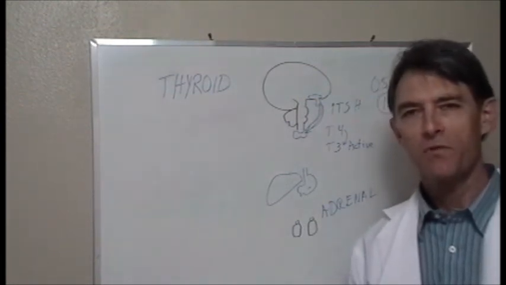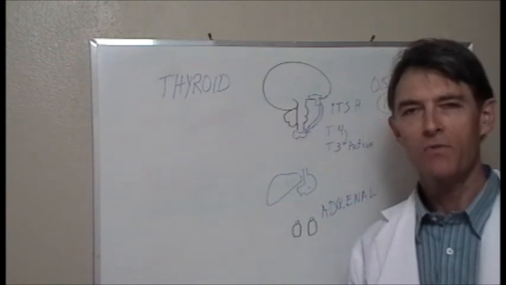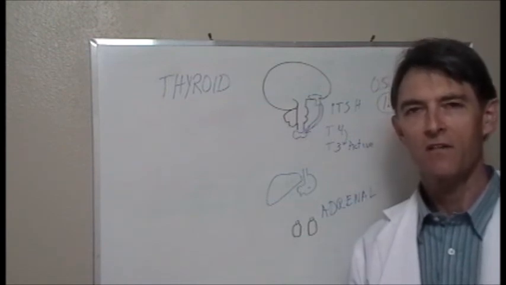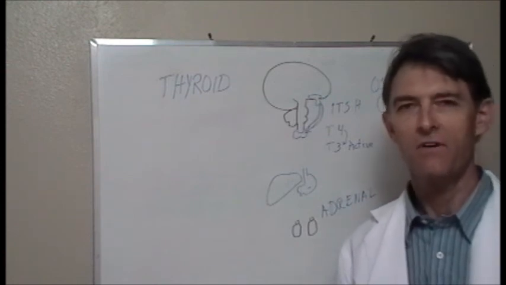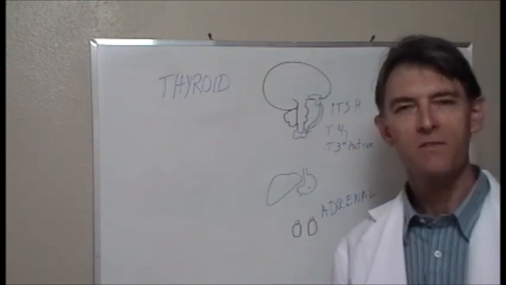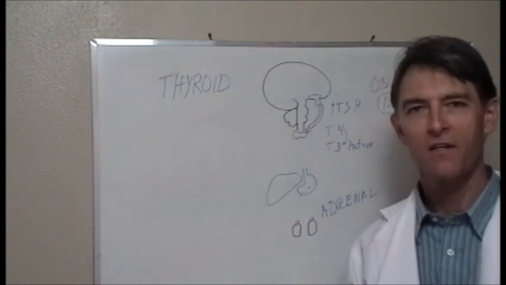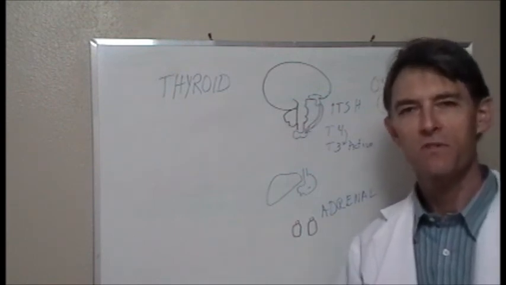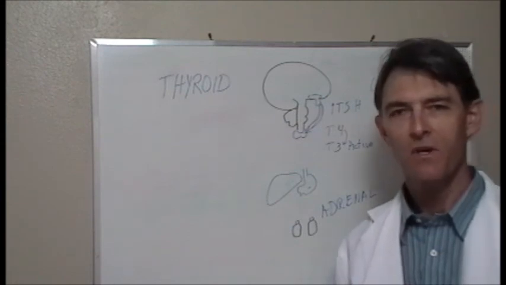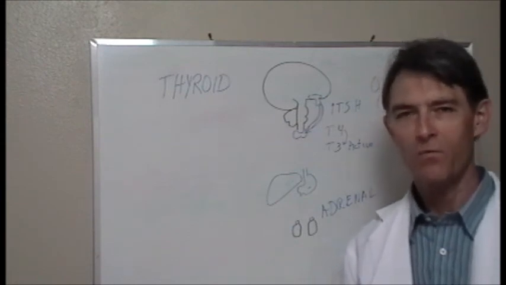Oftentimes when you lay down, you get a pulse, a heart rate of less than 68. Now that's not indicative of a thyroid problem, but it's part of the process that we look at. Slow respiratory rate, slow pulse. These are just clinical signs. You can test them on yourself too, but this is one way we test.